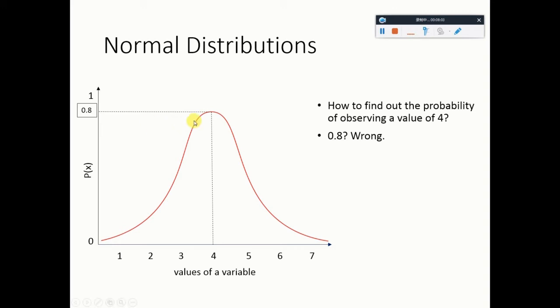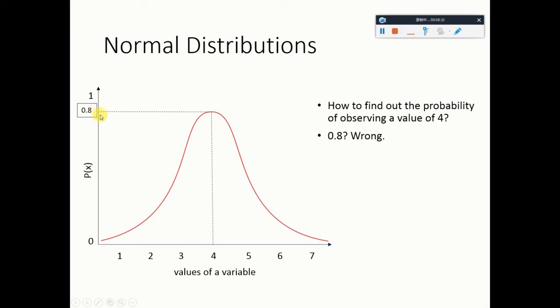This is the wrong way of figuring out the probability of observing a particular value from not just a normal distribution, but any continuous distribution. This is a continuous distribution. It's not a bar chart, so we assume that these values are continuous. Then you may ask, what is the correct answer? It's not about the precision of eyeballing.